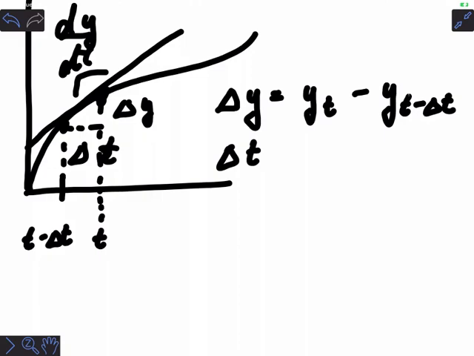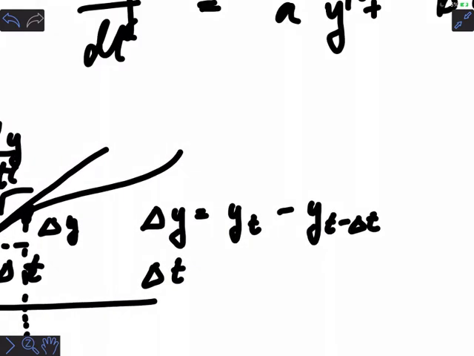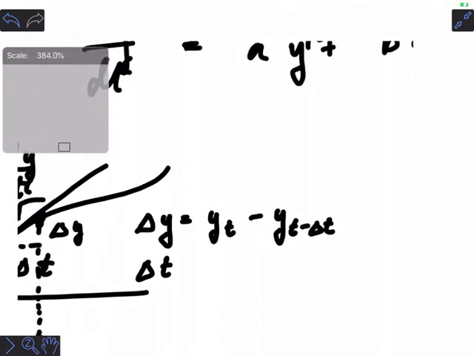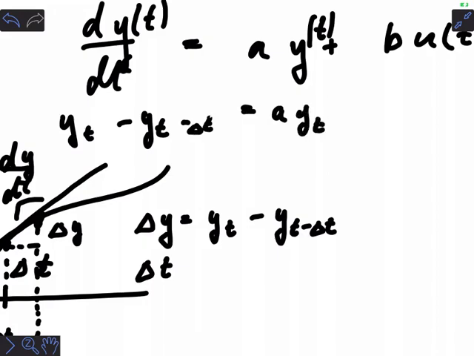I've changed the differential y into a difference. And this is why we call these new equations difference equations. Because if I were to do this, I now have y of t minus y of t minus delta t is equal to a of y of t plus b of u of t.